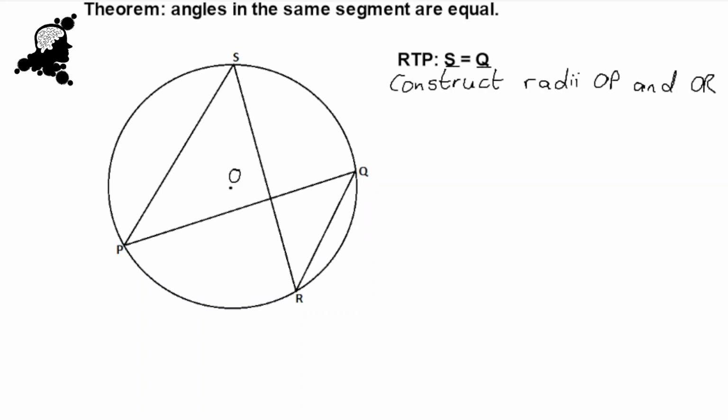So we want to go ahead and draw a line all the way from the center of the circle down to point P. Then we want to draw another line from the center of the circle to point R. Right. Now let's move on with the proof. By looking at what is created here, let's see if we can identify something familiar. Notice something.